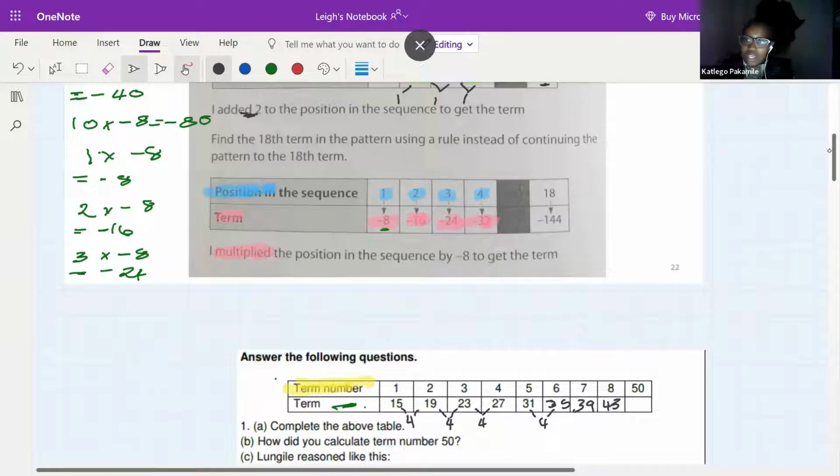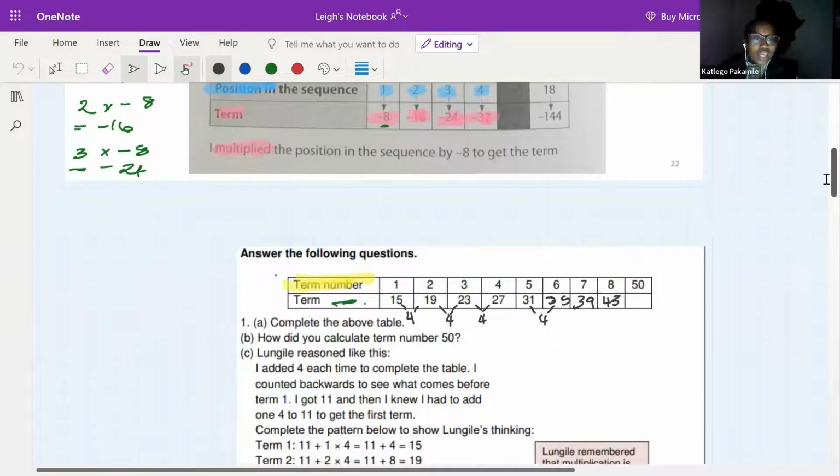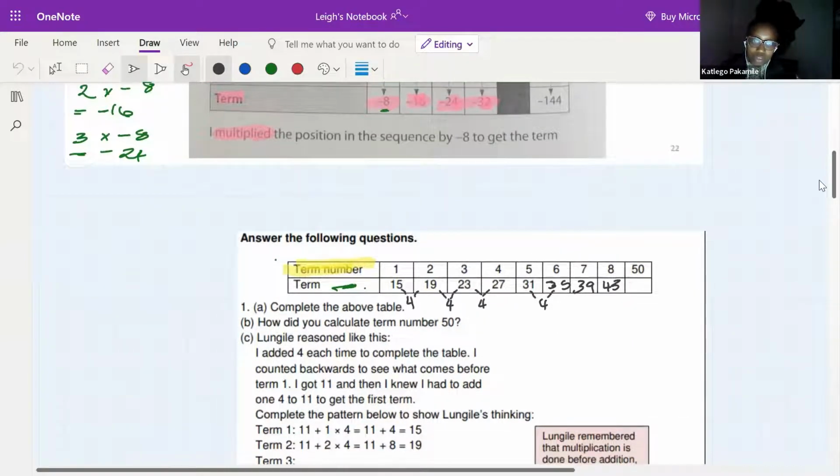Now, see what I meant when I said we need a rule, right? We cannot keep writing them down until we get to term number 50. That would be a lot, right? So let's see how Lungile decided to solve this. First she saw that you added 4 each time, which we have established. Congratulations. And then she noticed something. For term number 1, she said, okay, let me use my highlighter so you can see where I am now.